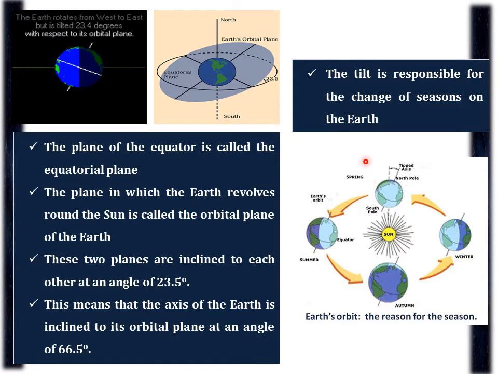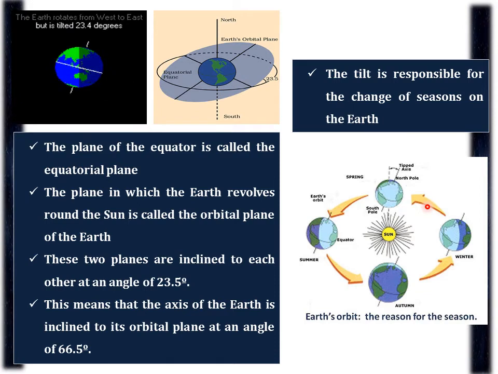We know that the Earth rotates on its own axis, and it takes one day to complete one rotation, and it revolves around the Sun, and it takes 1 year to complete one revolution. Now throughout this year, different parts of the Earth receive the Sun's most direct rays, and this tilt always remains constant.